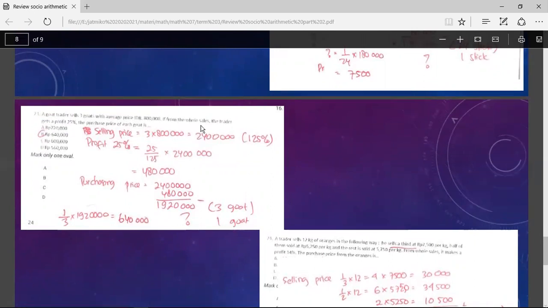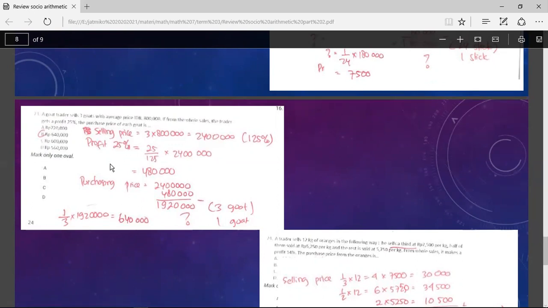If from the whole sales the trader gets a profit of 25%, how much is the purchasing price? First, we can find the selling price, because the average is 800,000. It means if we have 3 coats, the total money they get is 2,400,000. And then the profit is 25%.